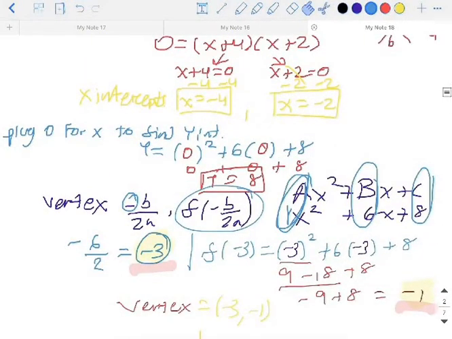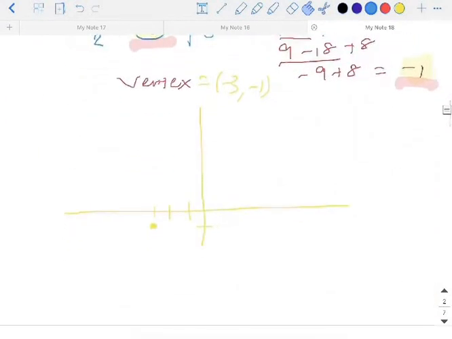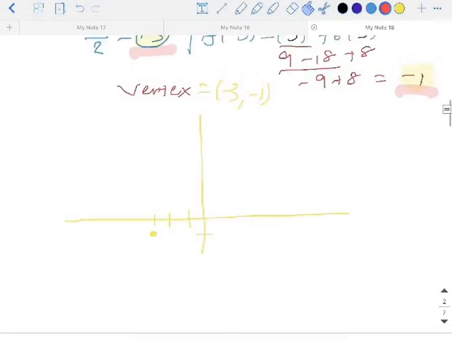The x-intercept starts at negative 4 and has the next point at negative 2. Negative 4 and negative 2. So here's the x-intercept. And then the other intercept is at negative 2.